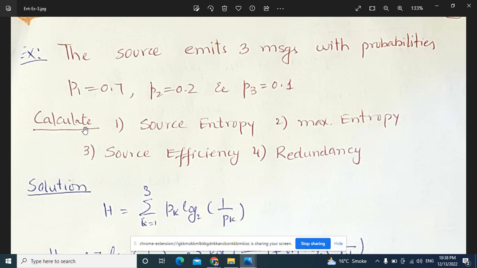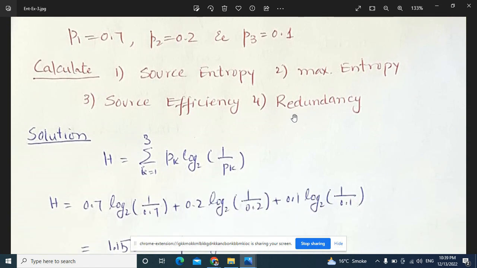So what you have to do is calculate source entropy, max entropy, source efficiency, and redundancy. Source entropy is H, max entropy is H max, source efficiency is eta, and redundancy is 1 minus eta. First entropy, so sum over k from 1 to 3 of Pk log 2 of 1 by Pk.